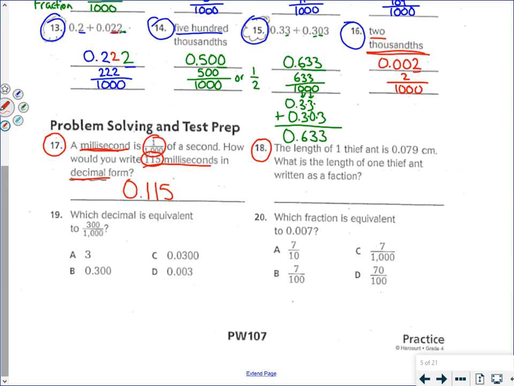Pause the video. The length of one thief ant is 79 thousandths centimeters. What is the length of one thief ant written as a fraction?